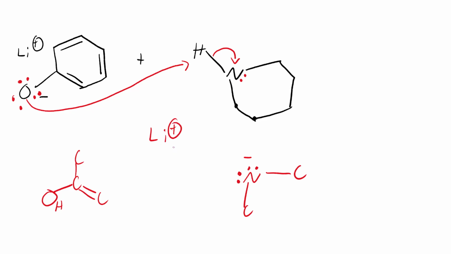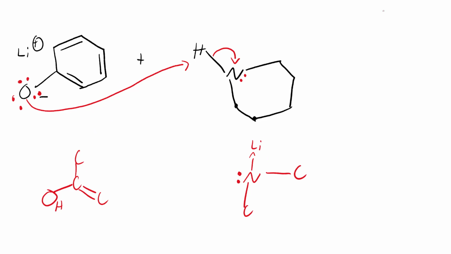So that lithium would have seen this gap, and because nitrogen likes to have 3 things attached to it, it's going to bond together, and that would give us a lithium connected to a nitrogen. Lithium. Okay. But does it work?